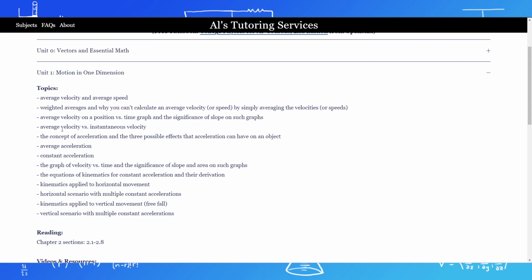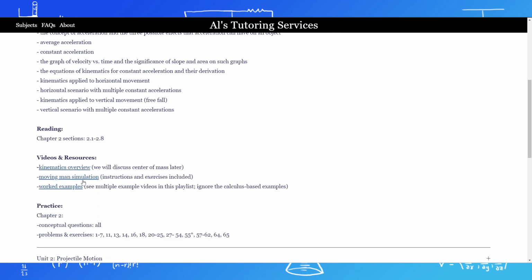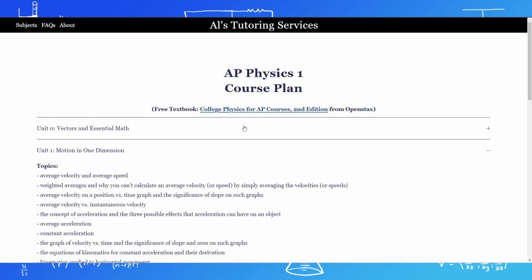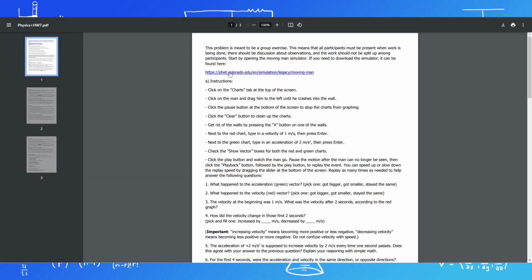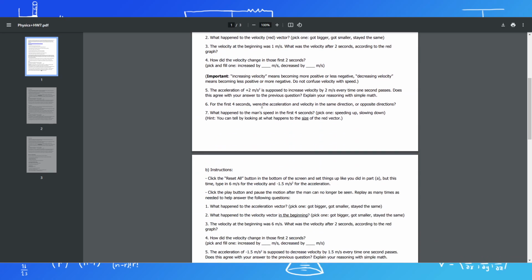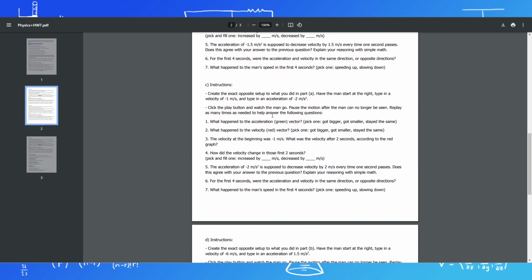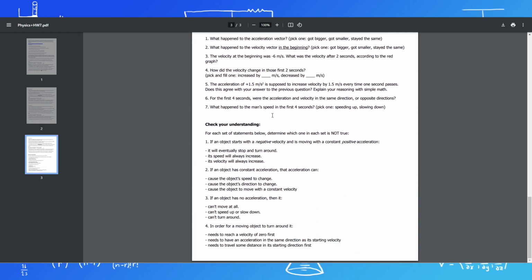Then we're going to look at the concept of acceleration, which is going to take us to this moving man simulation, which is part of what I had you try out for homework, if you actually listened and tried it.